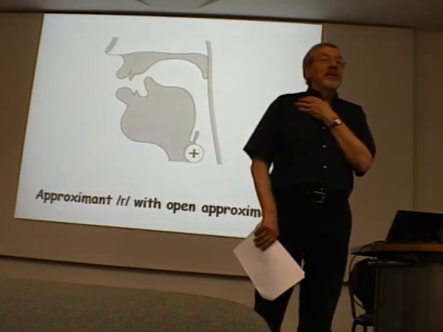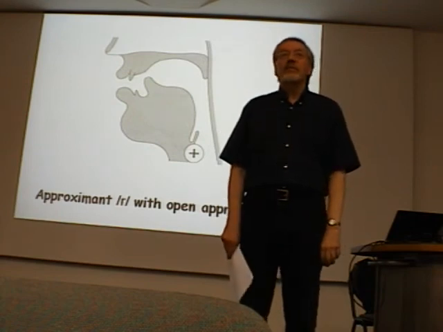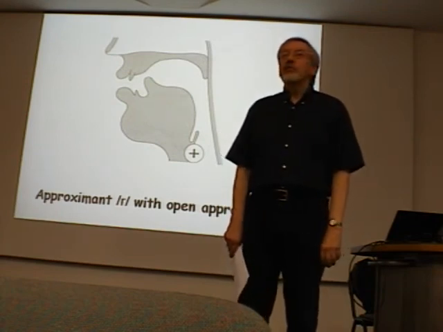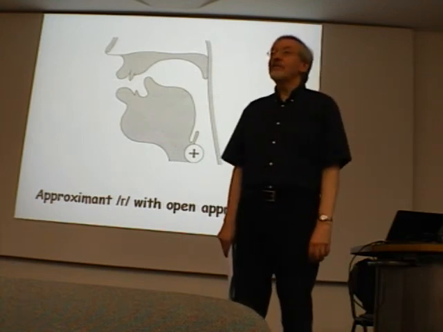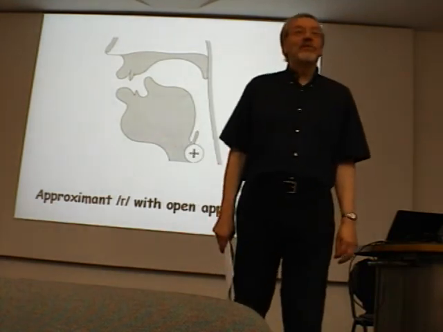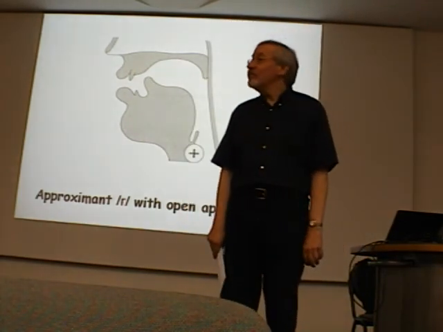And you may find that you can get to this sound most easily by producing an R-like sound. If you're Japanese, it's very characteristic of one of the sounds in Mandarin Chinese. And that's this sound. You know the one I mean?